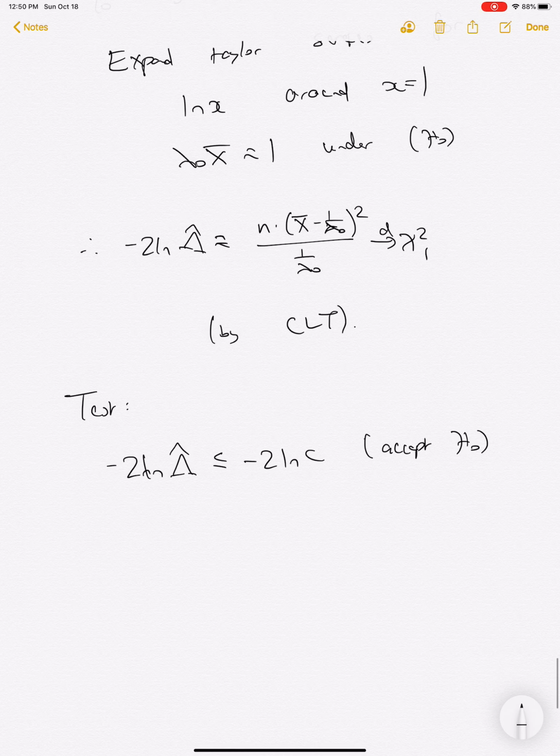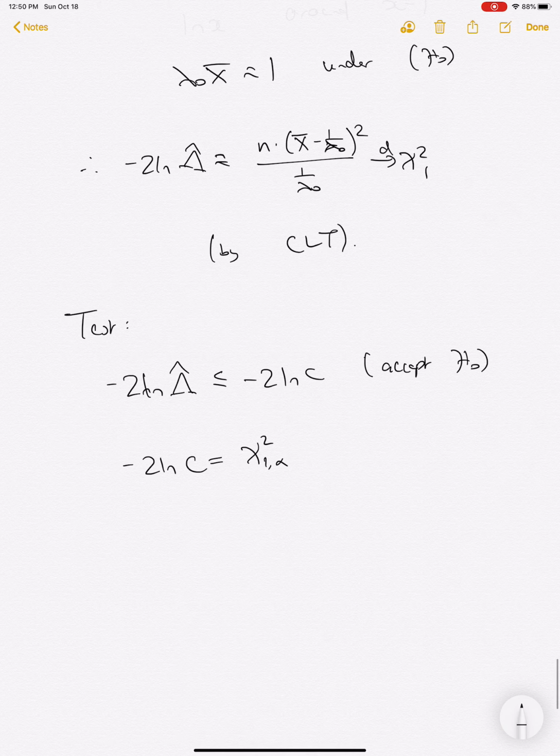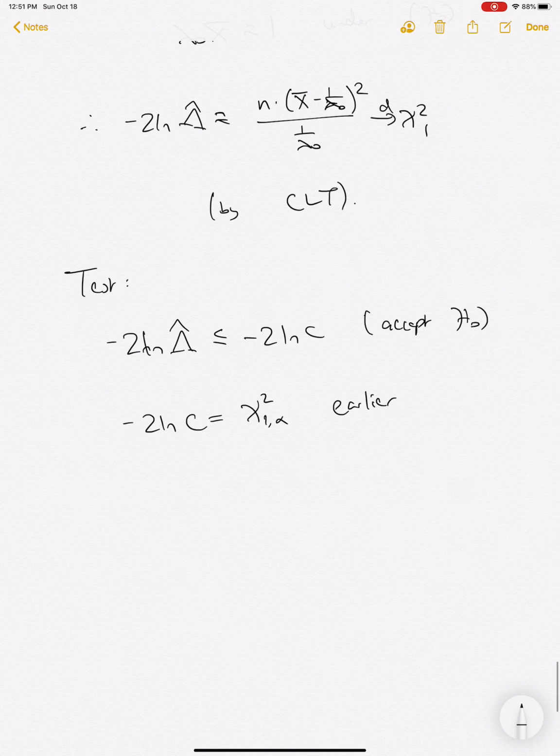And then clearly we have that negative 2 ln c again is just this chi-squared 1 alpha quantity that we saw earlier. Okay, and so that's equivalent, same as using the CLT.